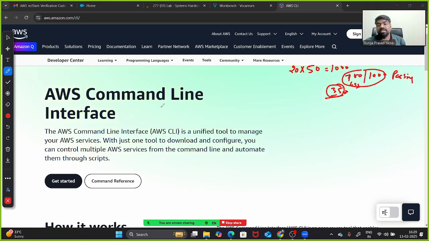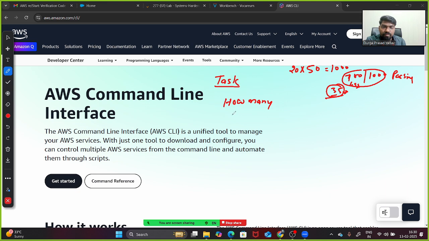Okay, so let's talk about the AWS command line interface. Why are we bringing AWS CLI now? Just because there are a few tasks that we are going to perform by using this AWS CLI itself. Now, how many ways are there to access AWS?